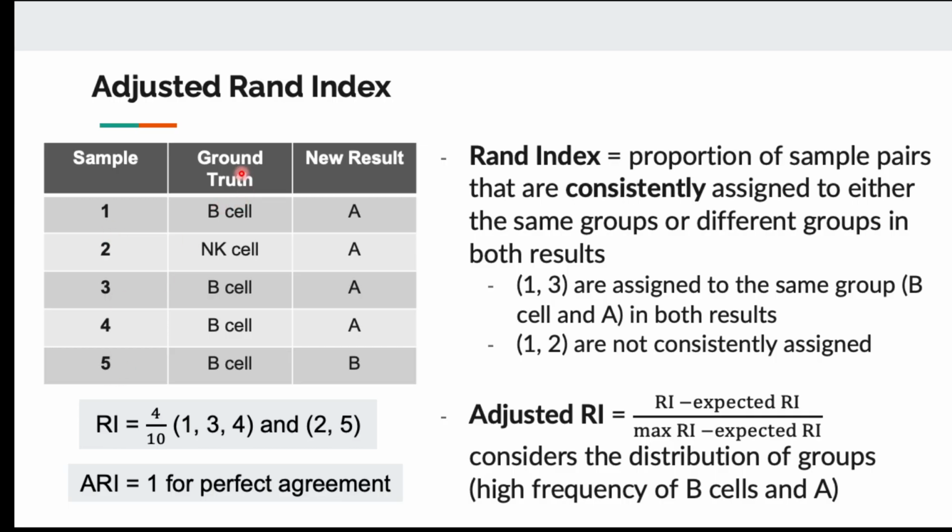And we have the ground truth, like we know from biological knowledge that cell number 1 is a B cell, number 2 is an NK cell, the rest are also B cells. But when we analyze the data, maybe from diagonal integration, we identify cells number 1, 2, 3, 4 as the same type, and cell number 5 as a different type.